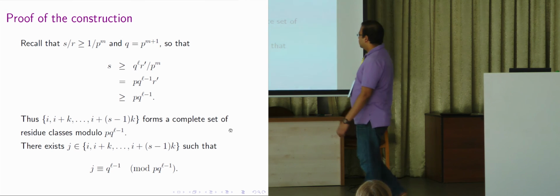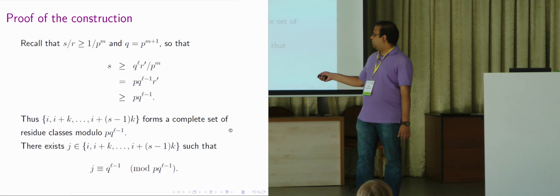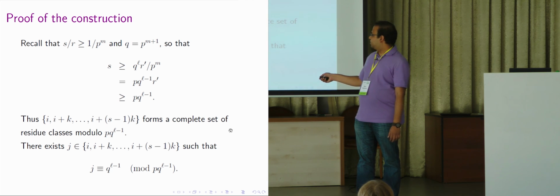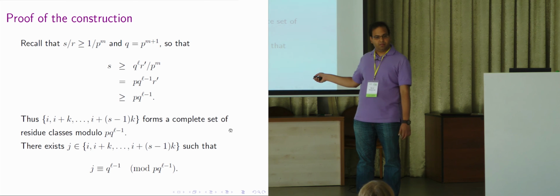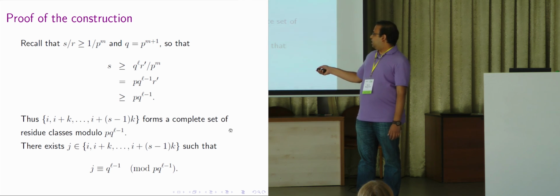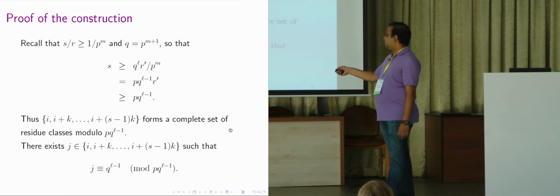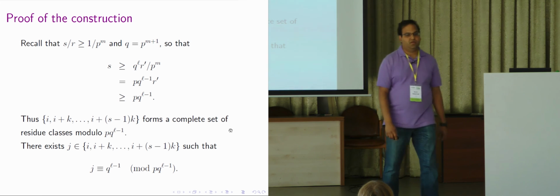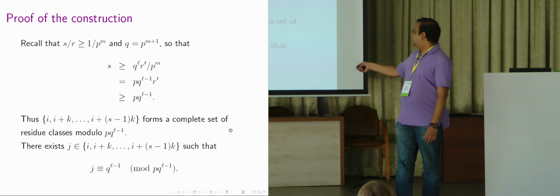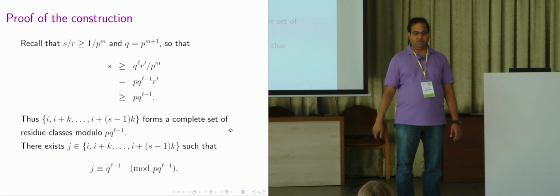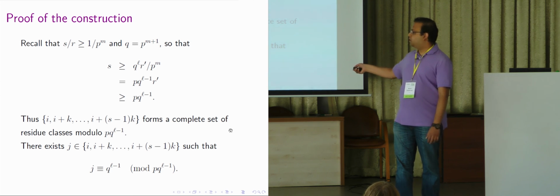Okay. So now the point is that these positions, I plus k, and so on, there are S of them. And of course, k is not divisible by p. So this sequence of numbers forms a complete set of residues mod p times q to the L minus 1, because there are S of them and they're all relatively prime.